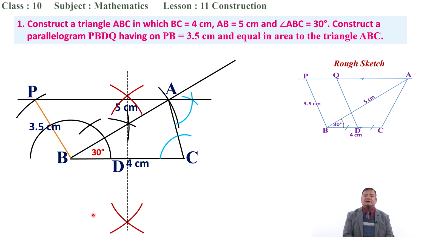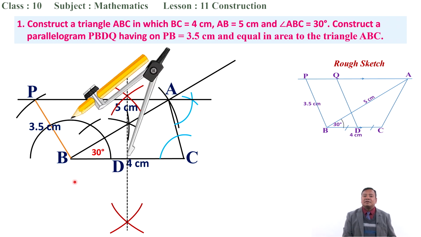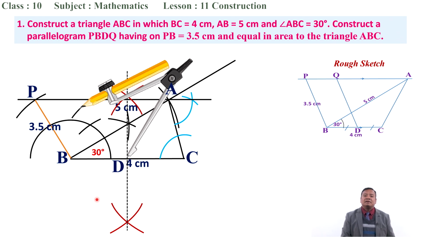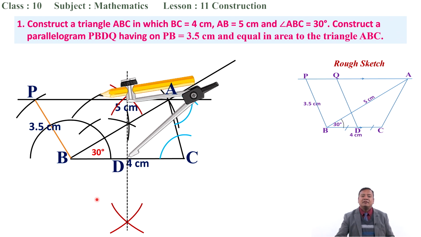Yes, and we know that the opposite sides of a parallelogram are equal. So here the length of this side DQ or QD must also be 3.5 centimeter. So measuring 3.5 centimeter, the same length we have to cut from the point D on the same line which we have drawn parallel to the base, right?